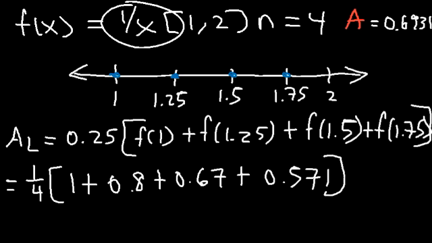So let's add 1 plus 0.8 plus 0.67 plus 0.571, and divide it by 4. The area using the left endpoints is 0.76. Notice that it's an over approximation because it's a decreasing function. The left endpoint rule is going to be an over approximation for decreasing functions, but an under approximation for increasing functions. Keep that in mind.